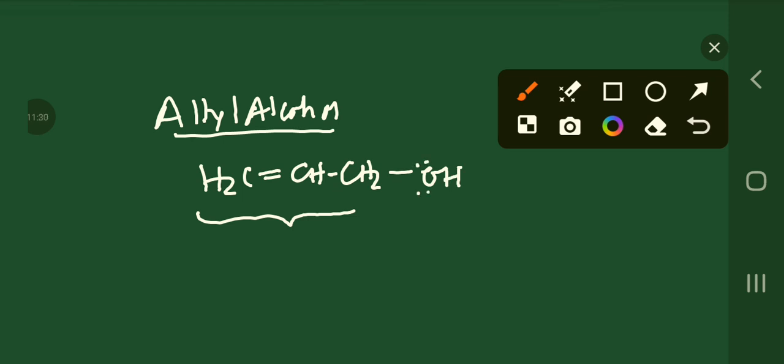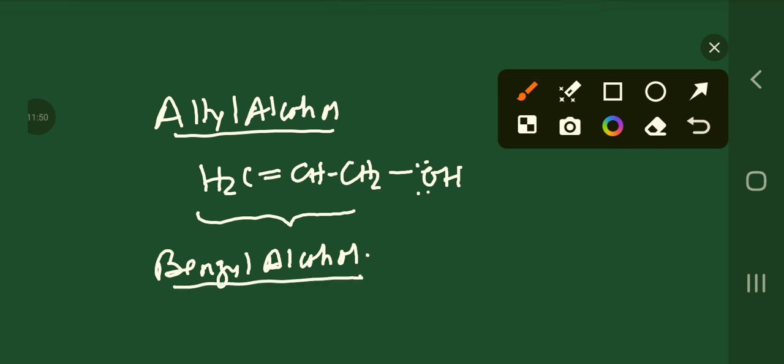So it is allyl alcohol, and what is the degree of allyl alcohol? It is 1 degree, because the OH group is attached with the CH2 part. Followed by benzyl alcohol. First you draw the benzene ring and CH2OH.